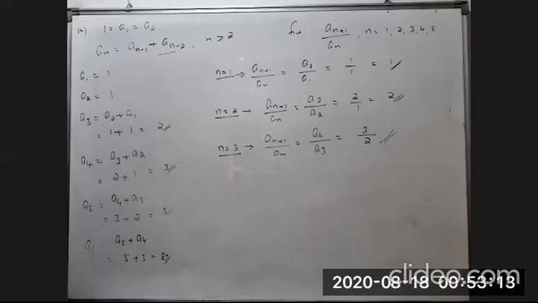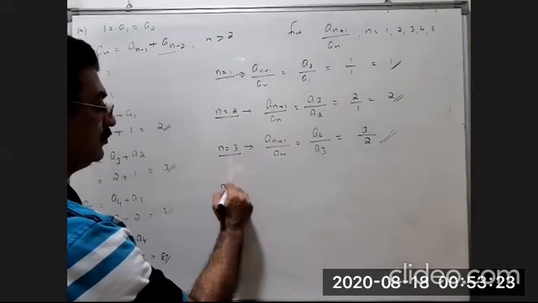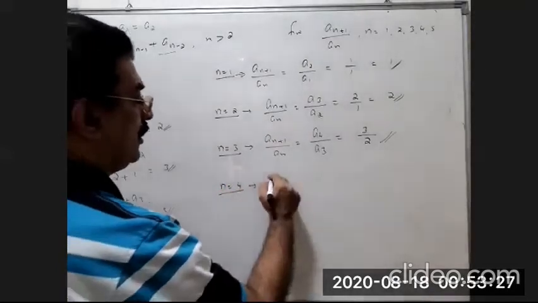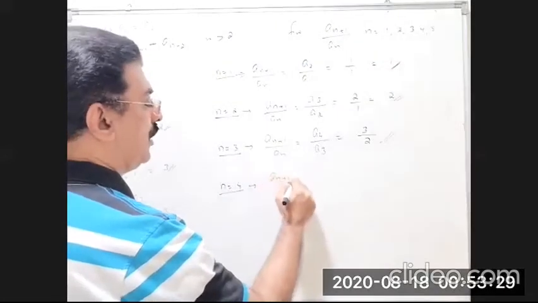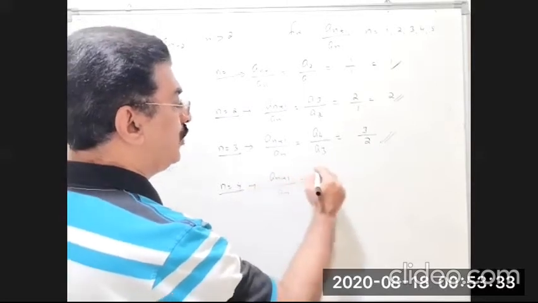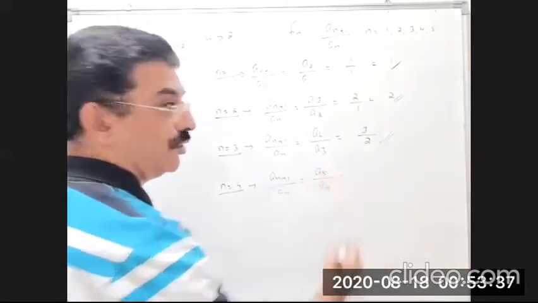Next one. n is 4. Our expression an plus 1 by an becomes a4 plus 1, a5 by a4.